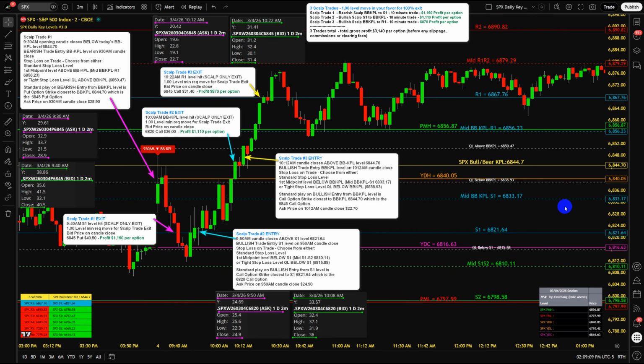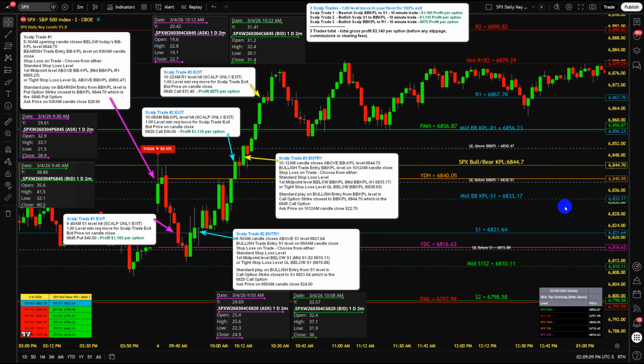Now with this particular indicator, for the PMH, YDH, YDC, PML, and YDL levels, you have an integrated stop loss and reward risk multiplier built into the indicator for utilizing either standard stop losses or tight stop losses, and then setting your reward to risk parameters for bullish or bearish trades off of those levels.